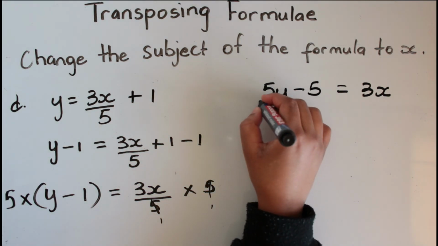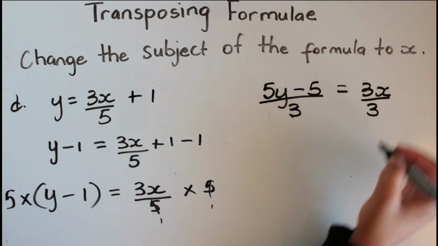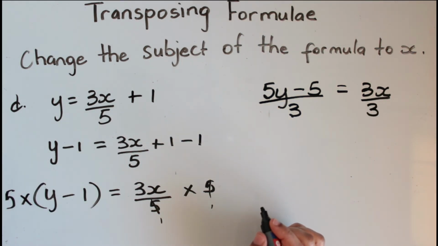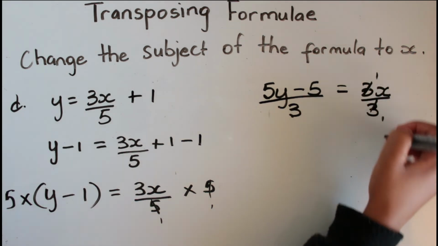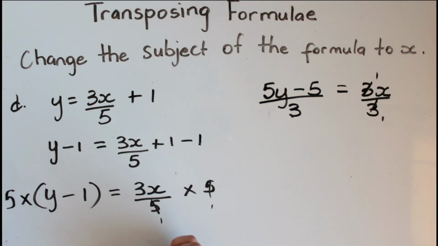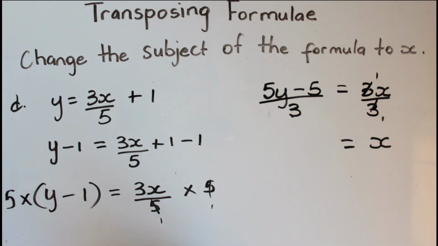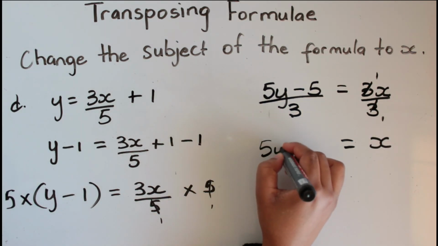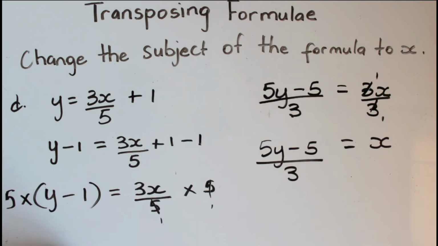So I do all of this divide by 3, all of this divide by 3, and we agree that on my right hand side, this 3 divided by itself will give me 1. So on my right, I'm just left with x. And on my left, I'm still left with 5y minus 5 all over 3. And that's it for the final example in this video.